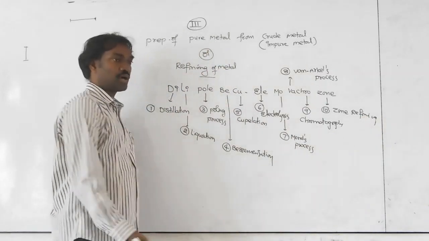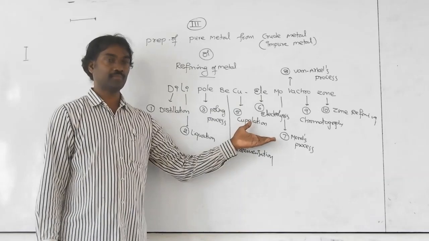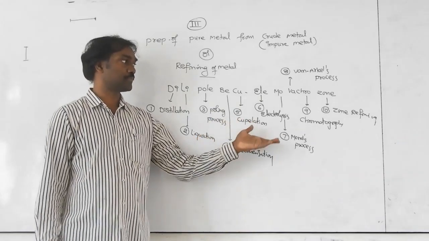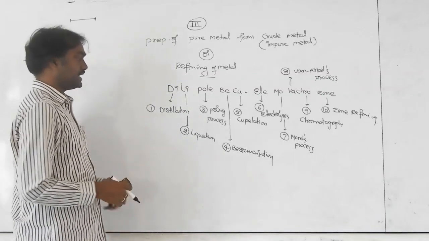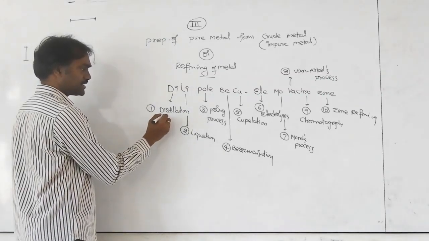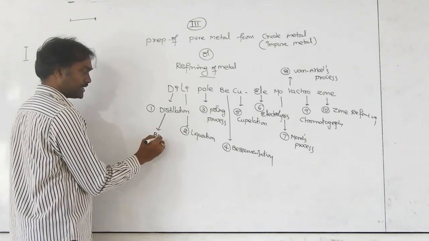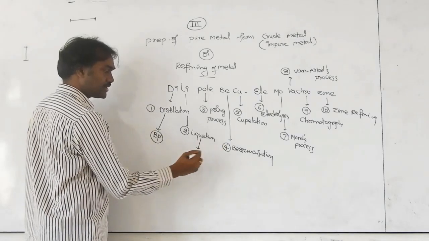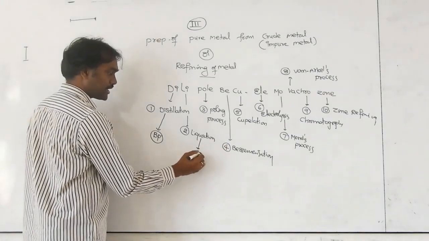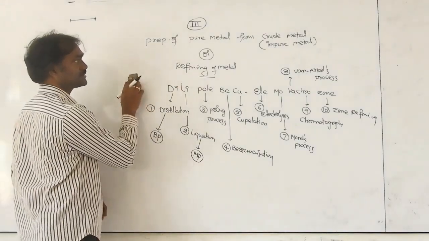Which of the following processes is useful in refining, or preparation of pure metal? One by one we will see. Distillation depends on the boiling point. Liquefaction means you convert into liquid, so it depends on the melting point.